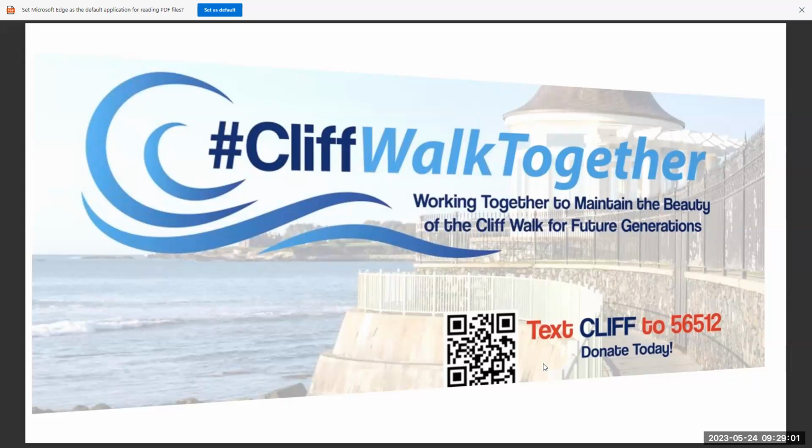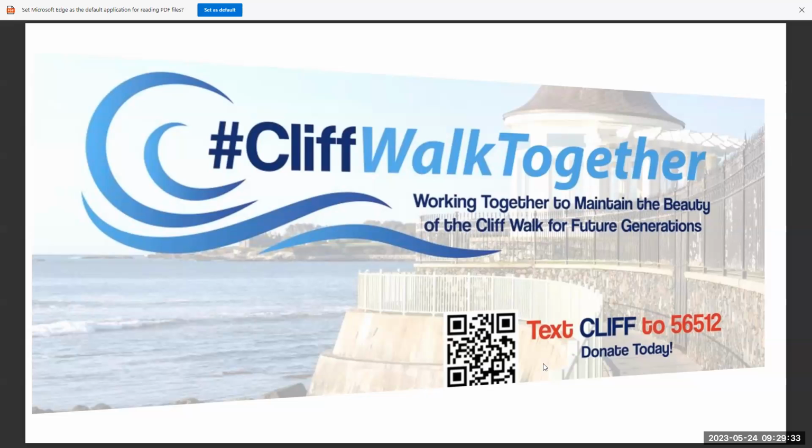It was to raise awareness of the Cliff Walk's challenges and that they don't receive enough funding to maintain the Cliff Walk, especially as we've seen in recent times. You could text Cliff to a number and give a donation. Our task was to create this campaign, and it really did get a lot of publicity, and they ended up getting donations as well. So that was one of the things that we did with the Cliff Walk.